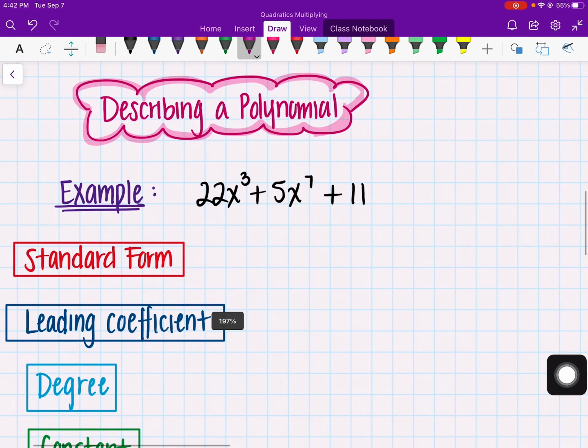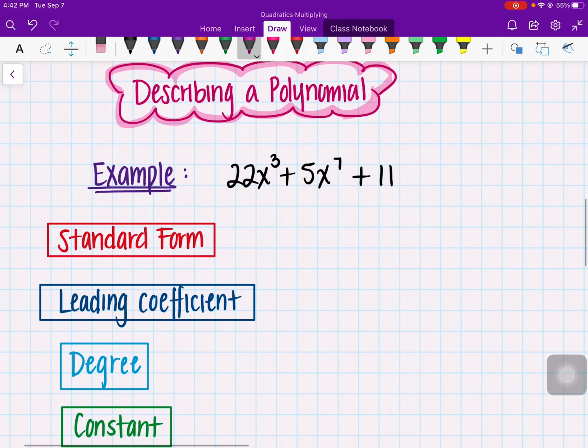So let's go ahead and take a look at this here, guys. And we want to go ahead and describe the type of polynomial we have, our expression. In this case, we have 22x cubed plus a 5x to the 7th plus 11. Starting off, standard form in this case is rewriting the expression from the highest degree to the lowest. So I'm going to go ahead and highlight my degrees here. Once again, this one here is x to the 0.